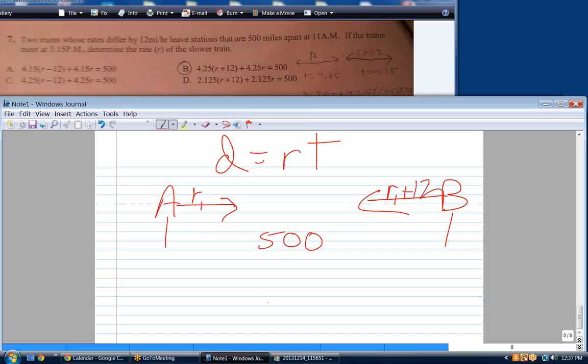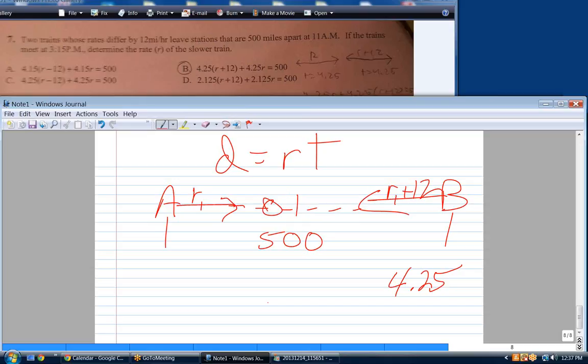The time difference they've given us from 11 a.m. to 3:15 p.m. is 4.25 hours. So in 4.25 hours, they meet, obviously, somewhere to the left of the center line, because this train's going faster.